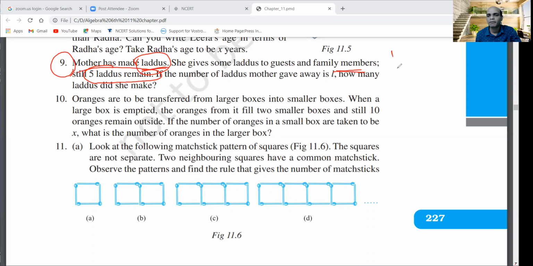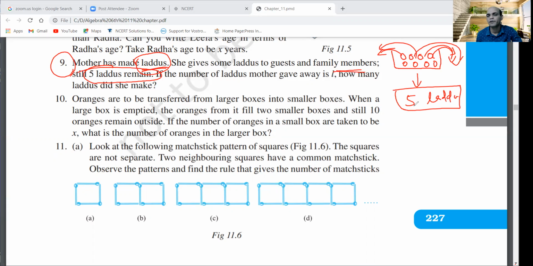Mother gives some laddus to guests and family members. घर में जो guest है, guest और family member को दे दिया. Still 5 laddus remain. Suppose mom made a lot of laddus. She gave to guests, to you, to someone else, to the neighbor, to many people. How many are left? 5 laddus remain. If the number of laddus mother gave away is L, then mother ने कितना लड्डू दे दिया? Sir, L laddus.